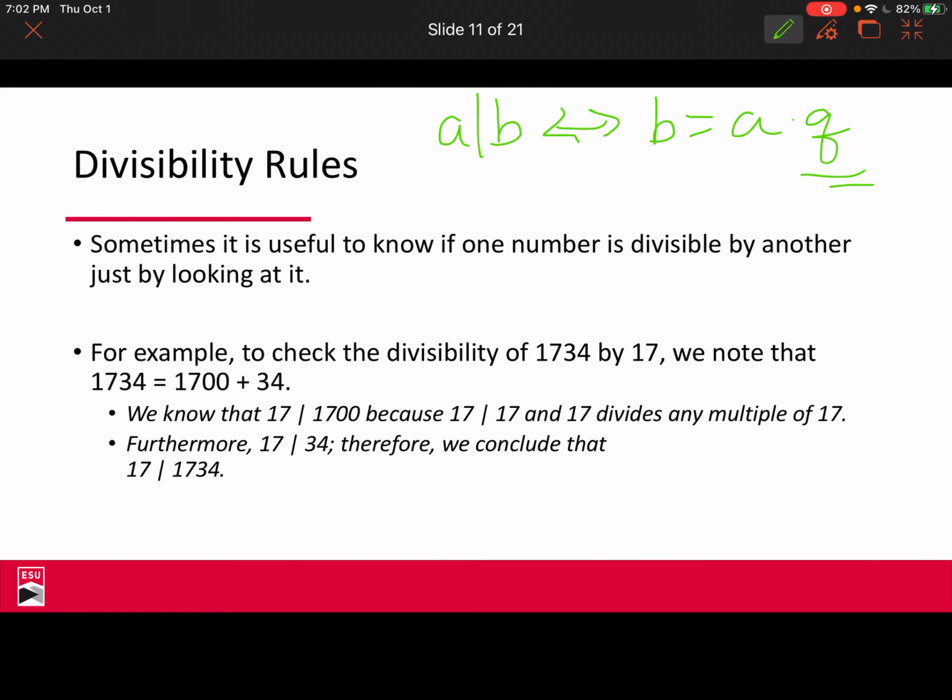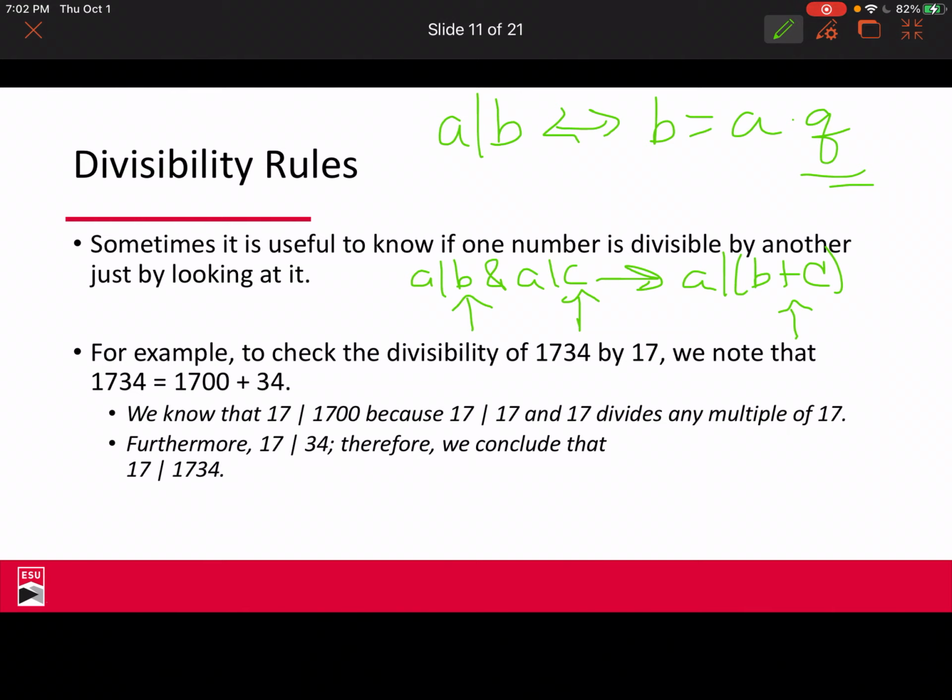And so we had some rules. We said that if A divides B and A divides C, then it was true that A divides B plus C, right? If it divides 2 numbers and we add them, it still divides.